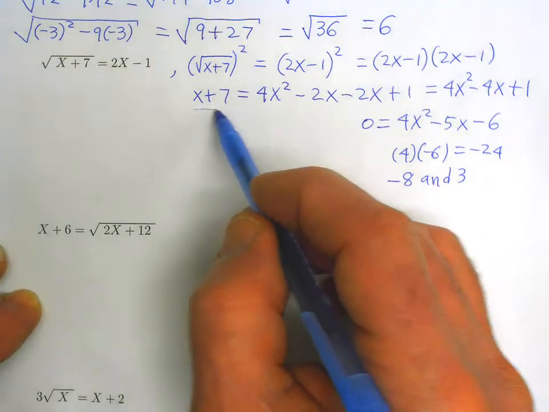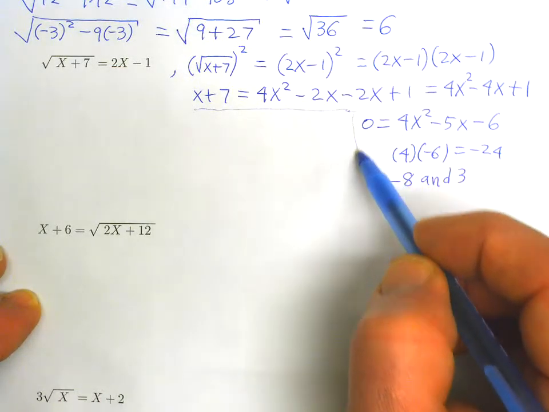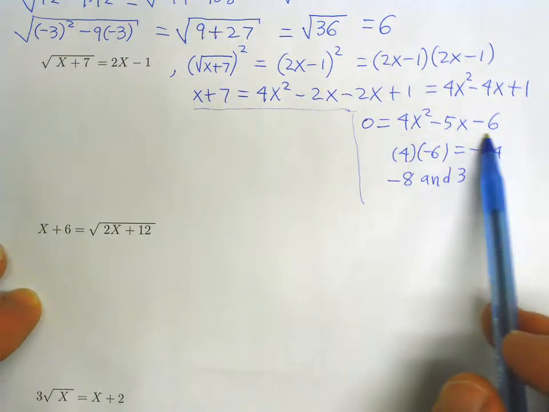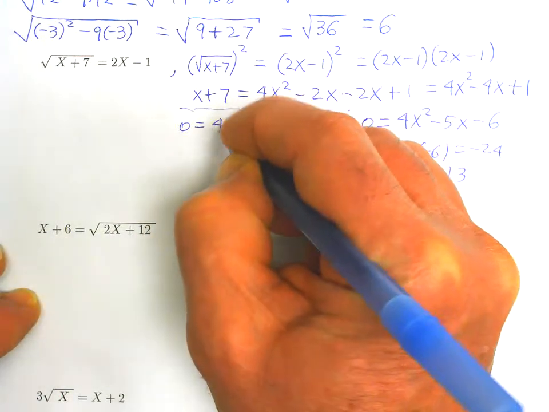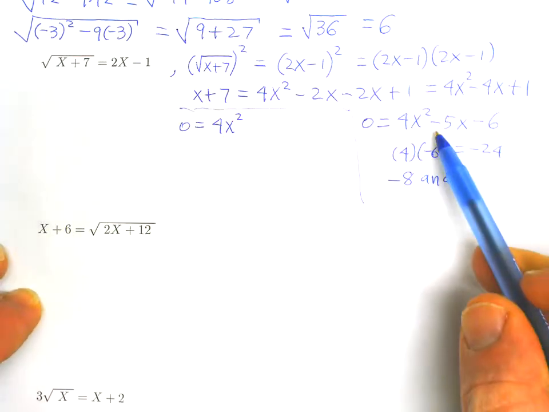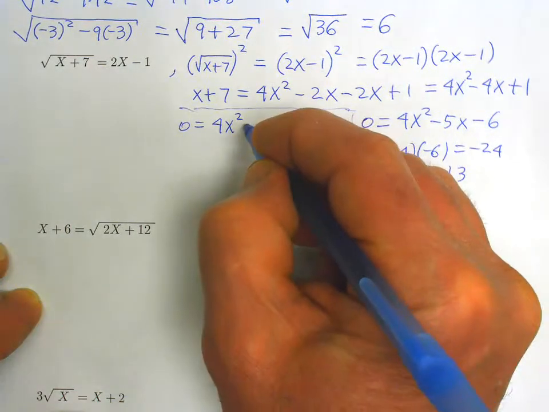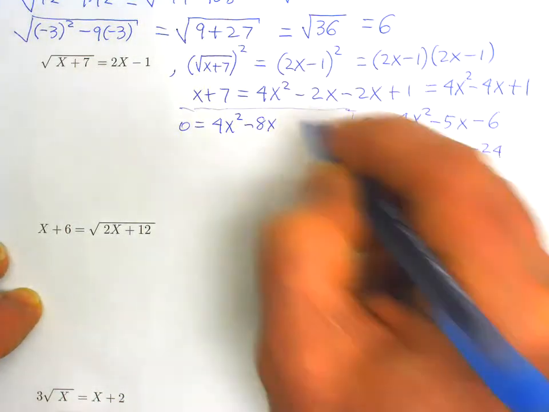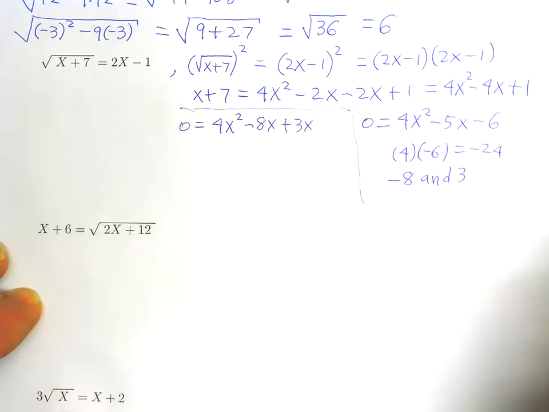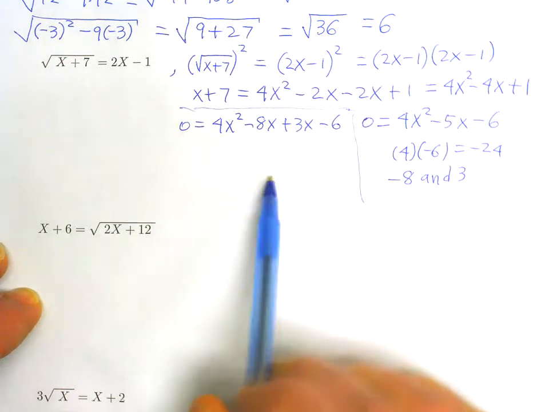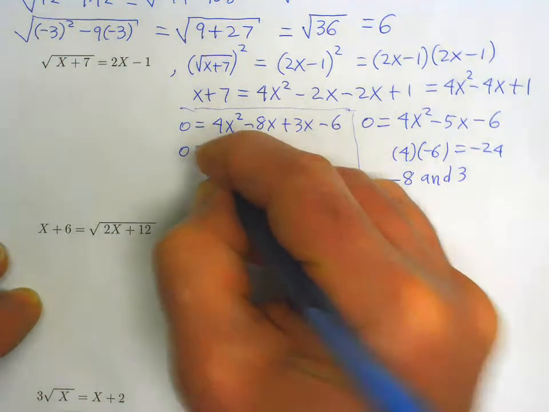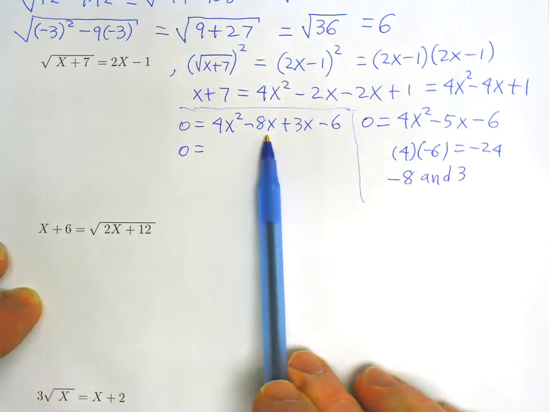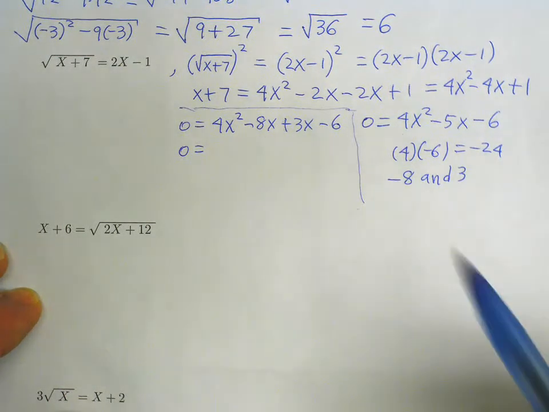So I'll use this little space right here to write this. So 0 equals 4x squared, but we're going to replace minus 5x with minus 8x plus 3x, and then minus 6. And then we factor this by grouping. Out of the first two terms, we can factor out 4x.